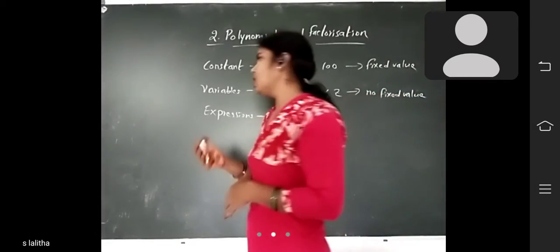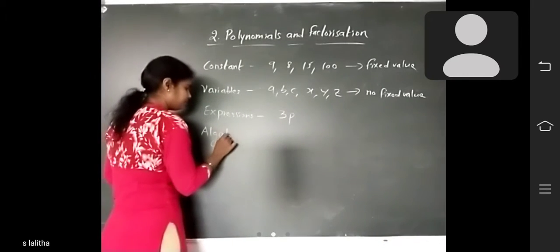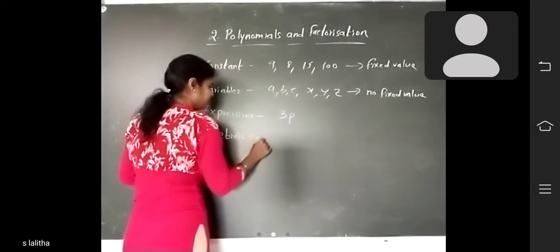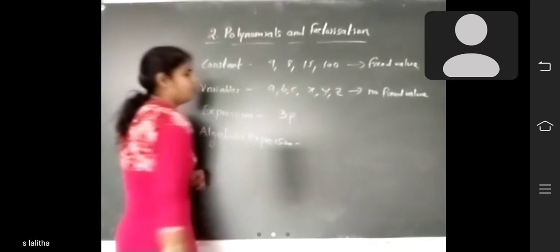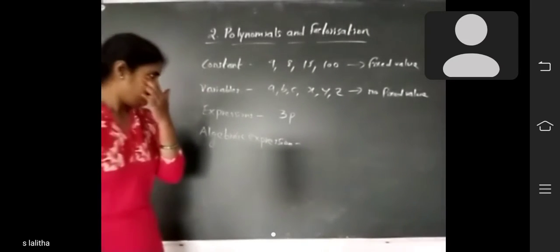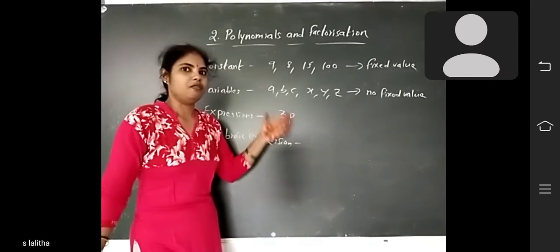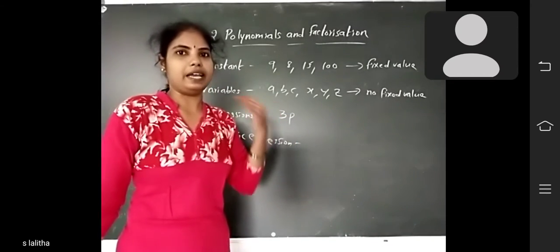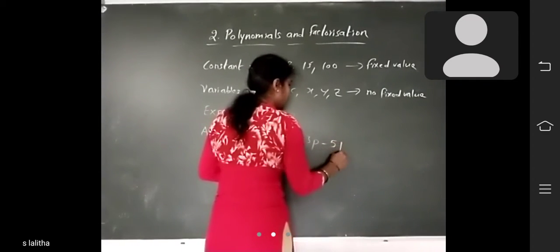Okay. And now algebraic expression. What is called an algebraic expression? An algebraic expression has a combination of constants and variables with plus or minus signs. Terms are there. Okay, suppose 3p minus 5p.